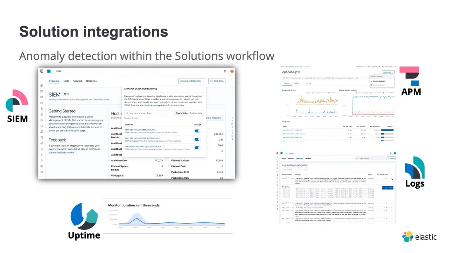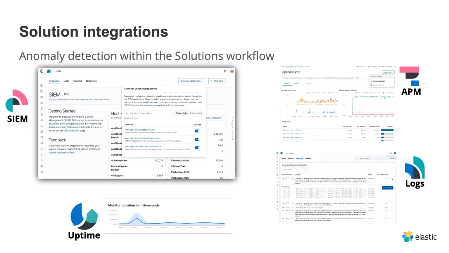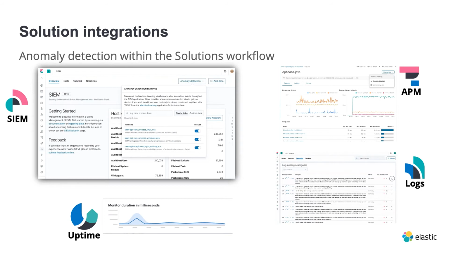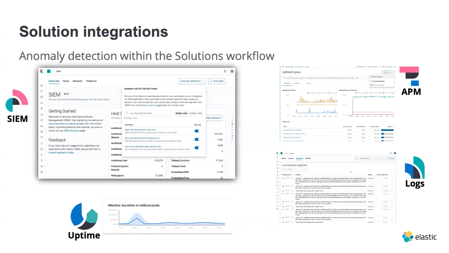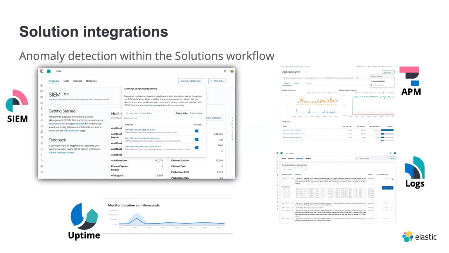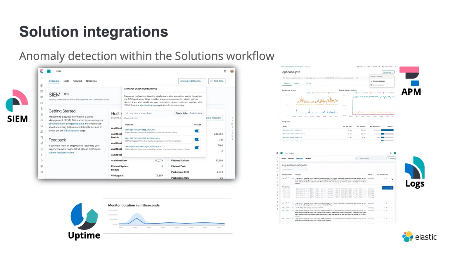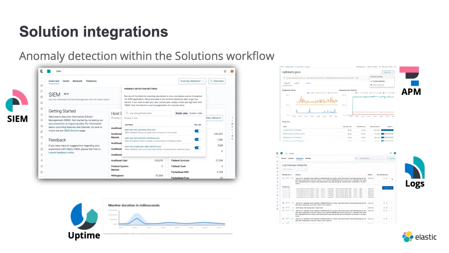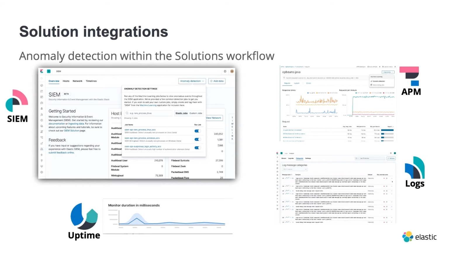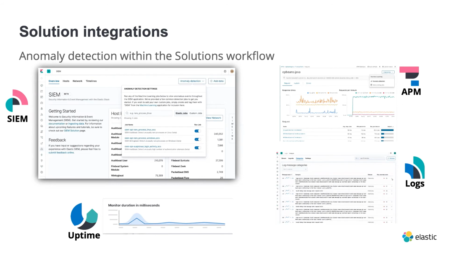So the point I really want to make here is, as we invest in these new tools to help you do your job better, we're also powering the new tools with machine learning to help prompt you to where to go to look for insights. And it's a real time saver, and it really helps to drive that mean time to resolution down when you have an intelligent engine giving you hints of where things might be a little bit out of whack.